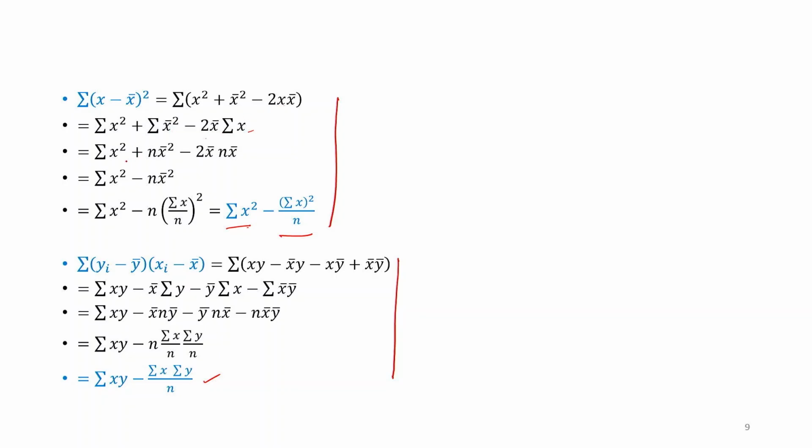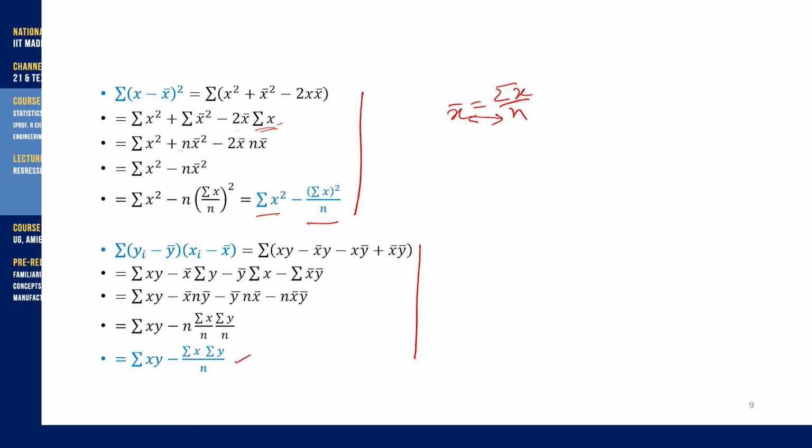One more step: sigma x bar square, there are n data points, so it will be n x bar square, and the last term will be 2x bar and sigma x, which equals n x bar. Why? Because x bar is always sigma x by n. Therefore, if I multiply n and x bar, it will give me sigma x.